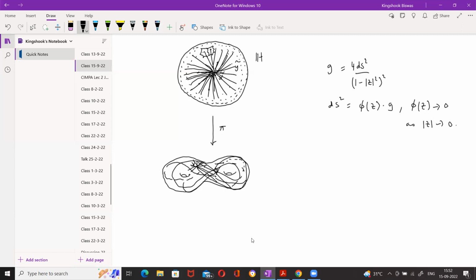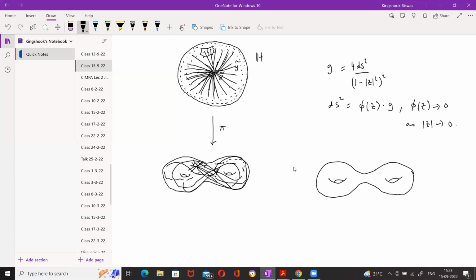Geodesic laminations are a bit hard to draw pictures of. They're quite complicated. But basically it's like a foliation, except it's not a foliation of the whole surface. It's a foliation by geodesics of a closed nowhere dense subset of the surface.